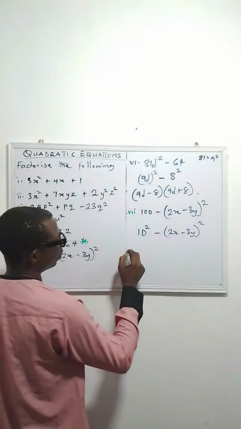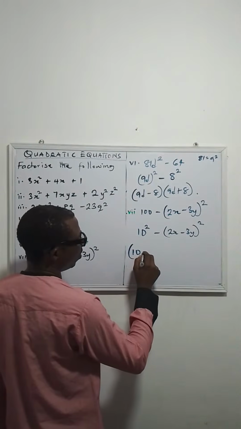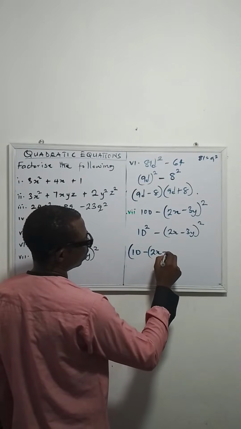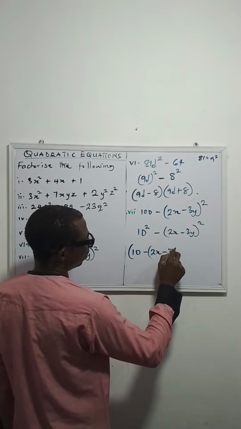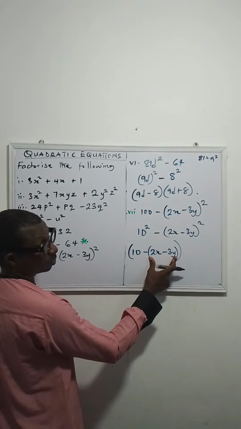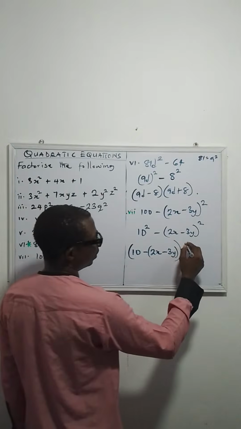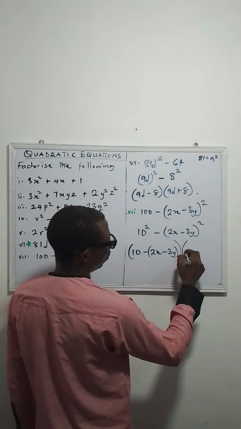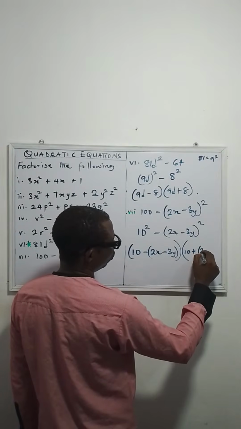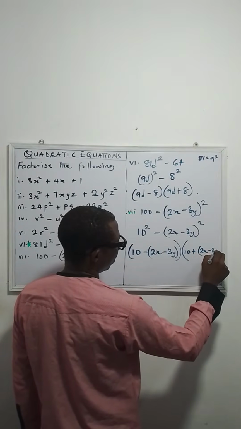So now this turns to (10 minus (2x minus 3y)). Okay, so this is base 1 and this is base 2. You get that now? And the base 1 plus the second base, that's going to be 10 plus (2x minus 3y).